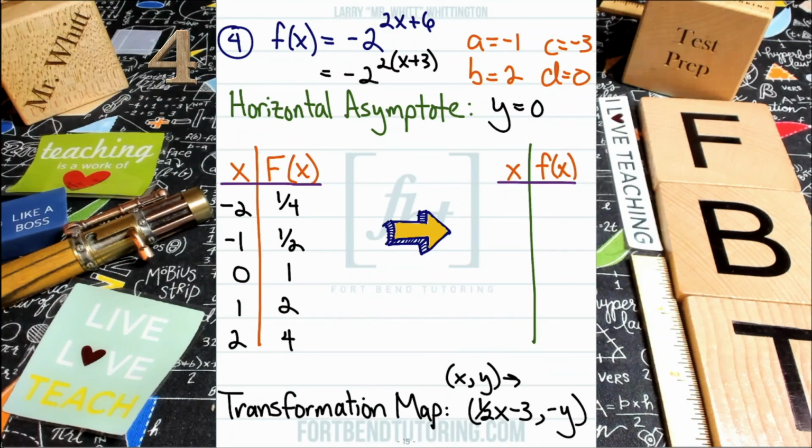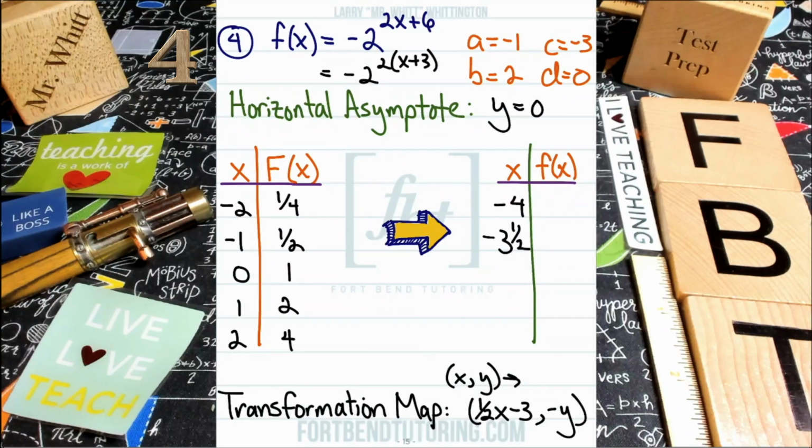Because of that, that means that you'll end up with the following x values. You'll take -2, for instance, take half of that, which is -1, and then -1 minus 3 will give you -4. Doing that to each of the x values that you have in the original parent function. In other words, for instance, taking half of -1, which is -1/2, and then subtracting 3, you'll have -3.5.